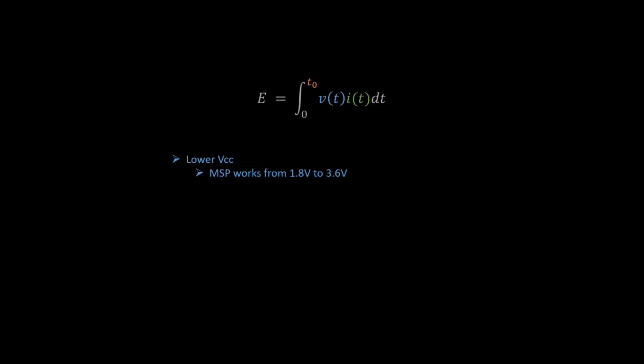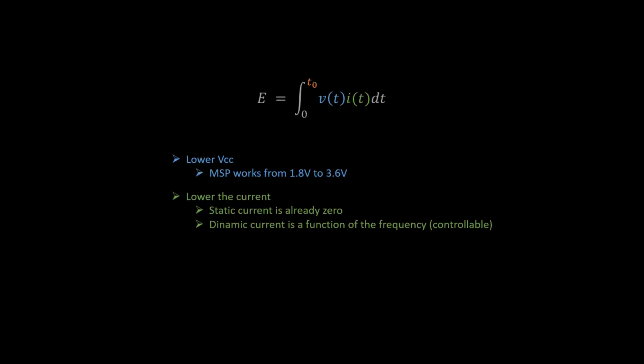Our microcontroller, the MSP, works from 1.8 volts to 3.6 volts. We can also lower the current, but that's kind of hard because the static current is already zero. This is a digital system. It uses a MOS transistor, right? But the dynamic current is a function of the frequency, which is controllable. So I can control the frequency and lower the power consumption, which is great.